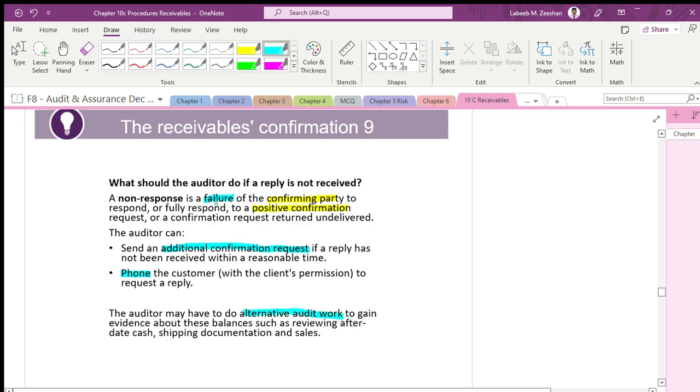First you give an additional request, then you request a second time, and you can contact them by any means of communication. You have to make sure to gain the evidence about the balances, because, as we said in the beginning also, receivables are material.